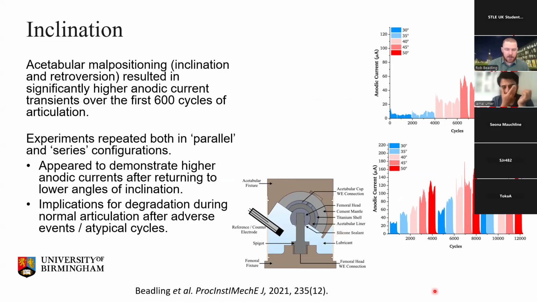Again, that speaks to the fact that running these profiles at 1 hertz continuously for months, under the same articulation profile and the same contact area within the bearing, is not fully capturing what these devices are going to undergo in vivo, because you're going to be subjecting them to very different profiles and very different areas of the articulation interface, and this all has a compounding effect when you return to a standard profile.